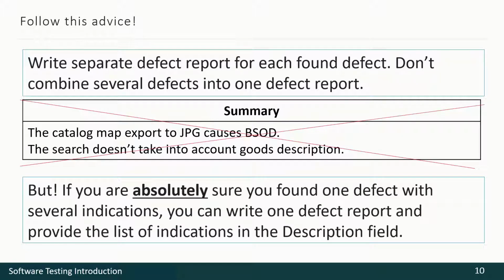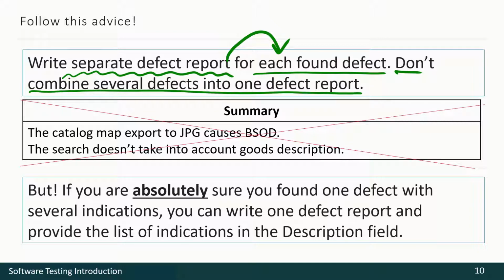When you find several defects, you have to write separate defect reports for each of those defects. Never combine several defects descriptions into one defect report. For instance, see here, that's the defect 1 and that's the defect 2, and they should be in different defect reports. Of course, there may be exceptions.